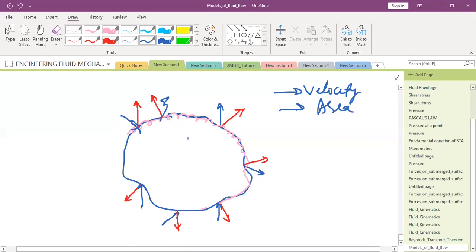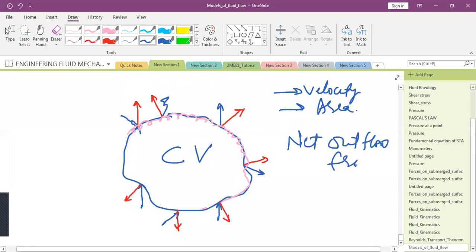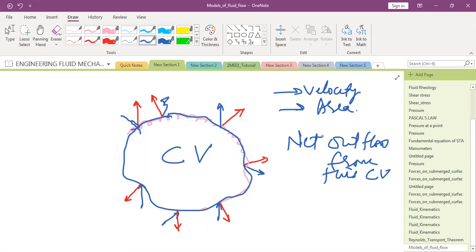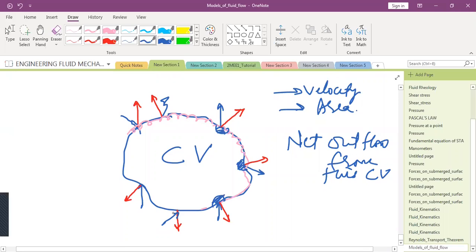Now if I ask you, this is the control volume, let me know the net outflow from this control volume. So what will be your answer? I mark these small areas as differentially small areas. So how will you do this?